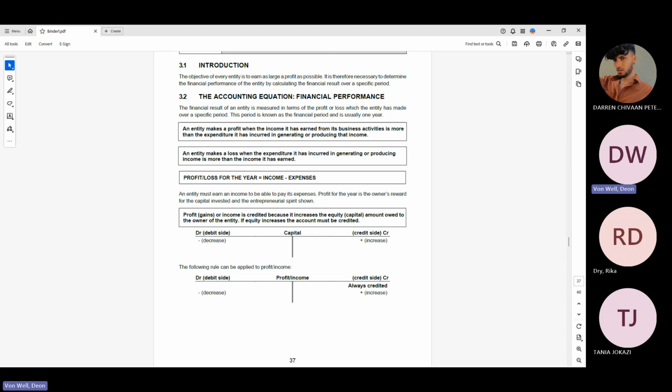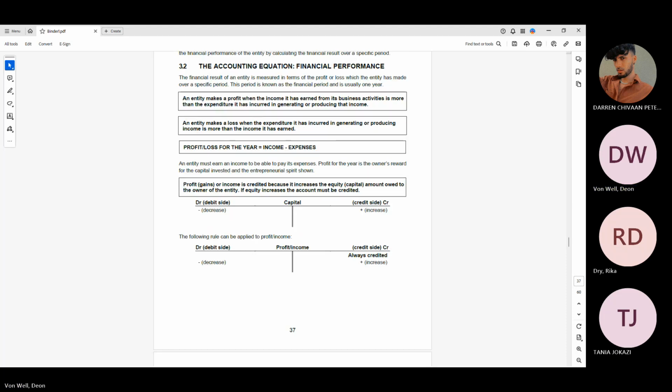If I make a loss, it will go to the debit side of my capital account. So losses and expenses will decrease my equity or my capital account. Profits and income will increase my equity, therefore increasing my capital account.